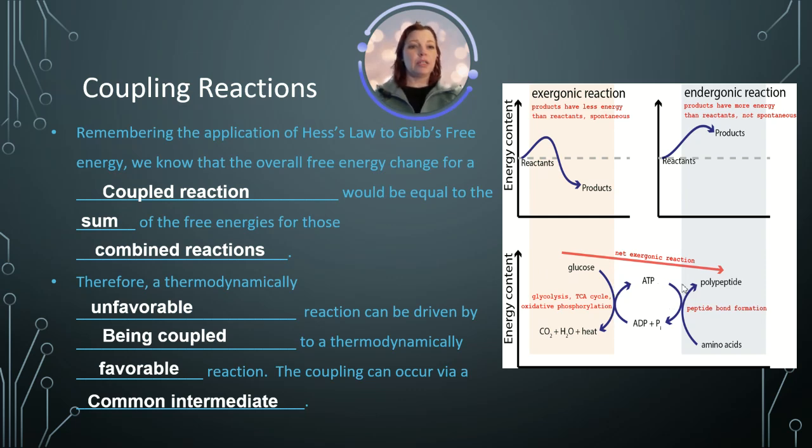And then as ATP converts back to ADP, that is an endothermic reaction, and amino acids convert to polypeptides, that peptide bond formation. And then this is a cycle that just goes and goes and goes. You'll learn more about this in AP Biology or future biology classes. But this is a really common example of coupled reactions.